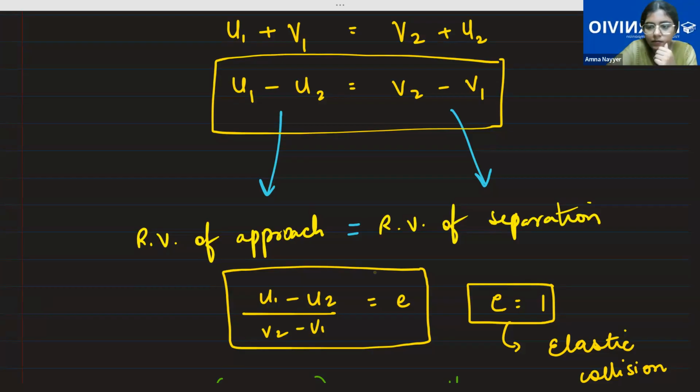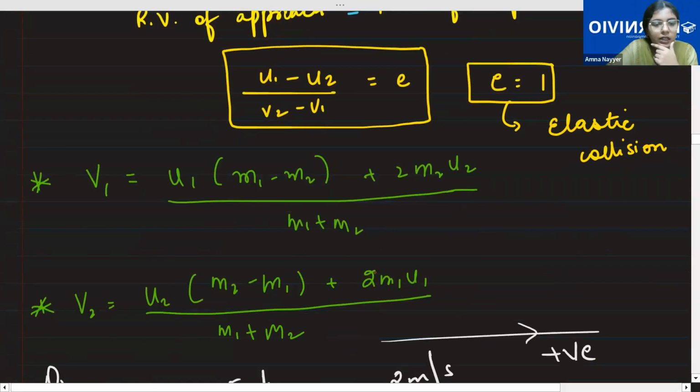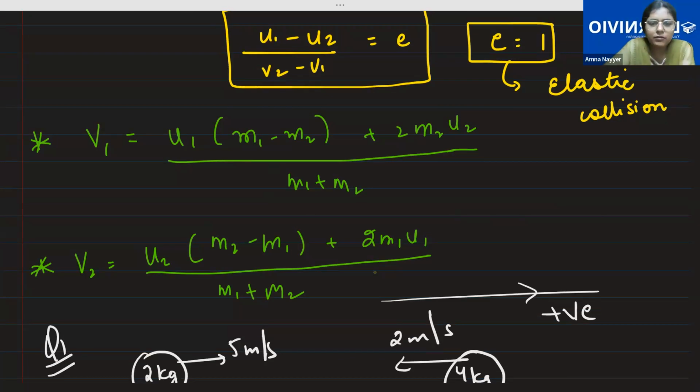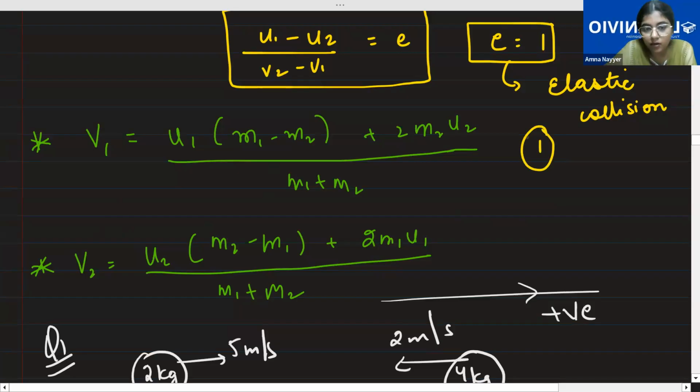Yes, ma'am. Okay. So see, now when you put the values of velocity, you don't need to derive it. The value of the final velocity is given by u1, m1 minus m2 plus 2 m2 u2 divided by m1 plus m2. This is for the first body's final velocity.